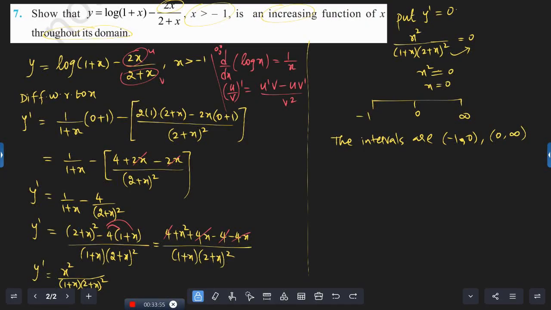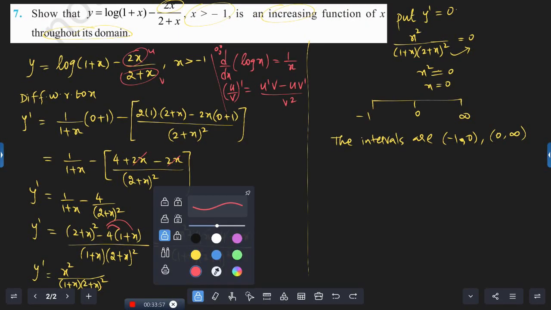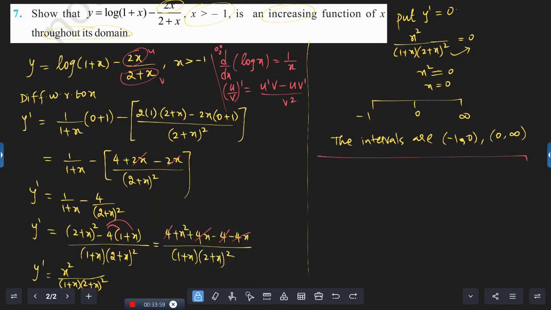For this you have to make separate boxes. First, the interval, and f dash of x. What is f dash of x? It means y dash. I am telling f dash of x: x square divided by 1 plus x into 2 plus x whole square.